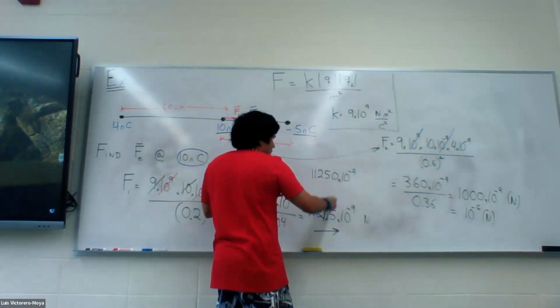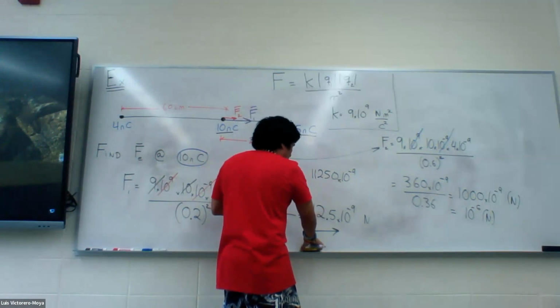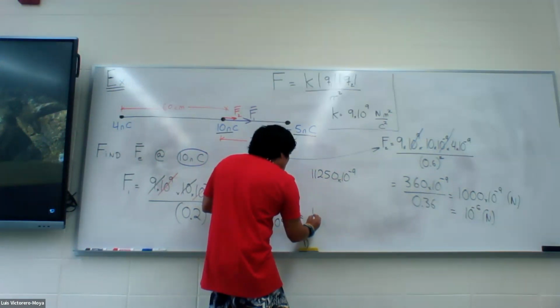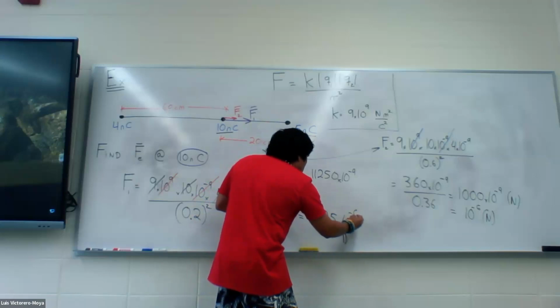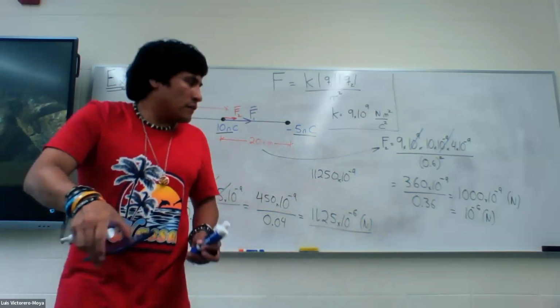It's just the same exponent here. So this is 11.25 times 10 to the negative 6. All right. Thanks. That's the answer.